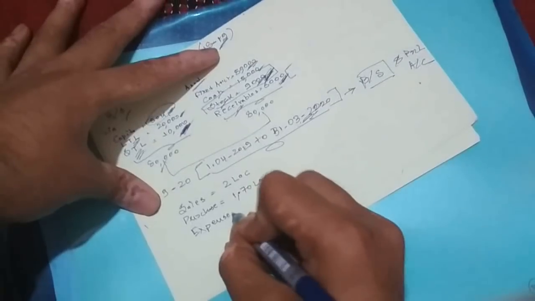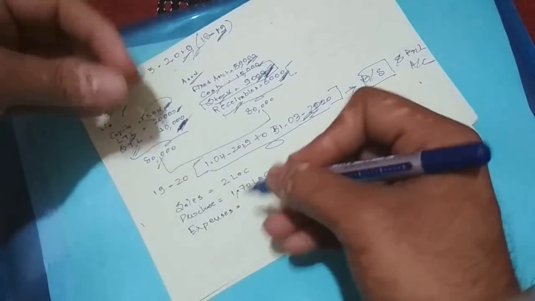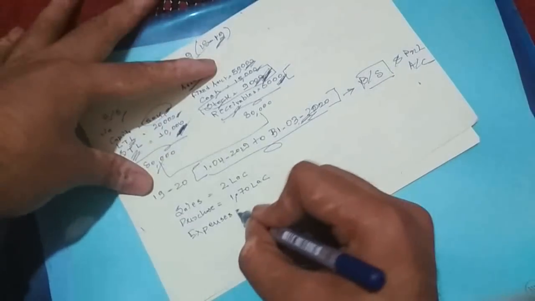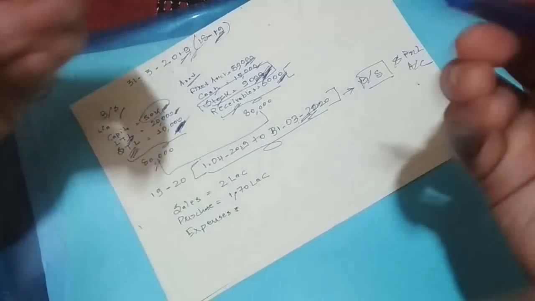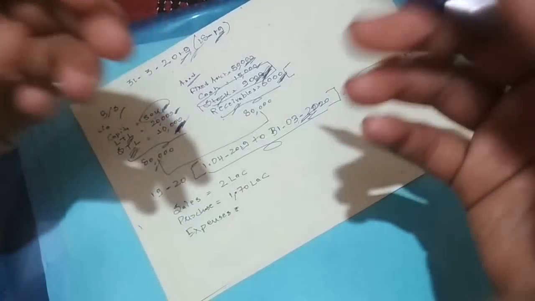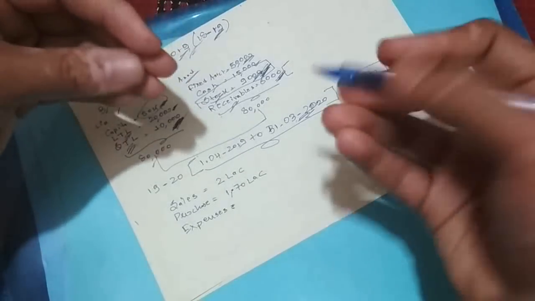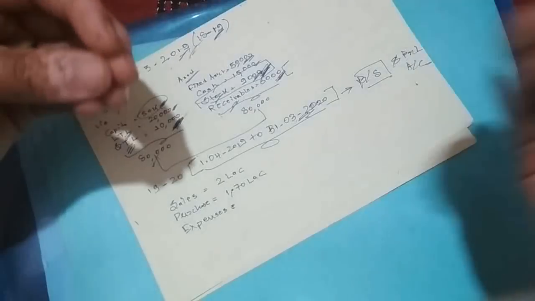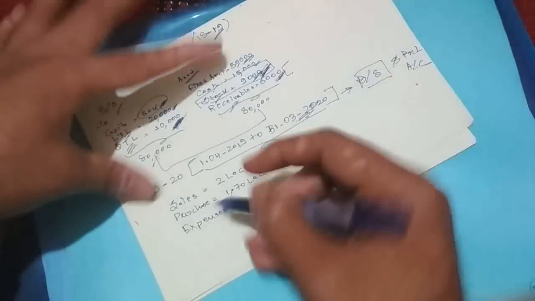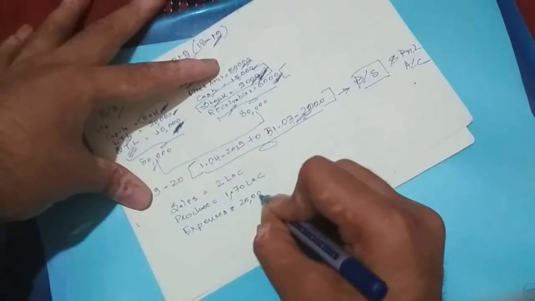As I told you, expenses are nominal accounts, and expenses means whatever expenditure accrued on your company, like the salary, the wages, or buying printers, buying pages which will be utilized in the company. Expenses are 20,000.